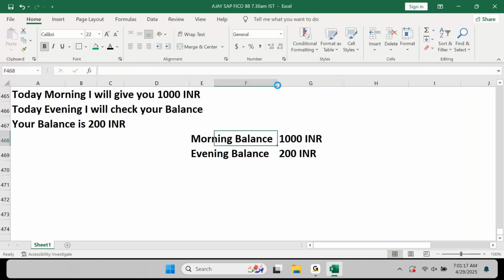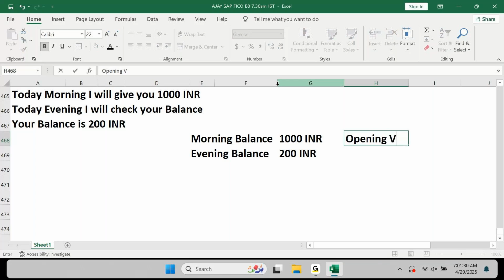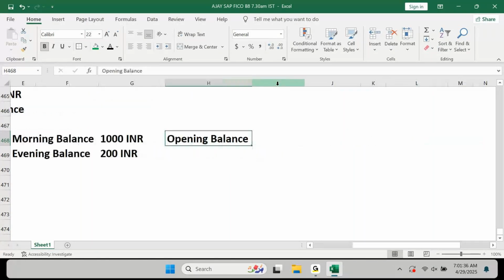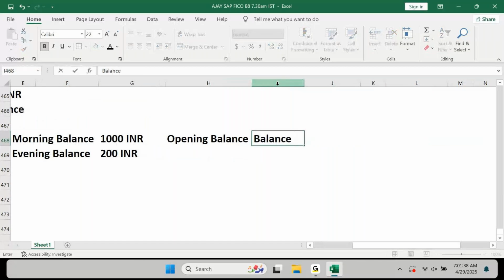So this is what I'm looking at now. Because I gave you money in the morning, I'm verifying in the evening. The moment I gave it to you in the morning, can I call my morning balance my opening balance? Yes. Can I call this opening balance as balance BD?